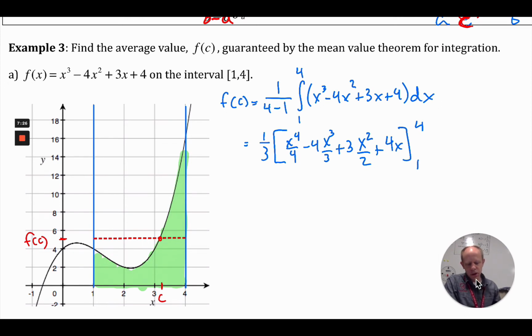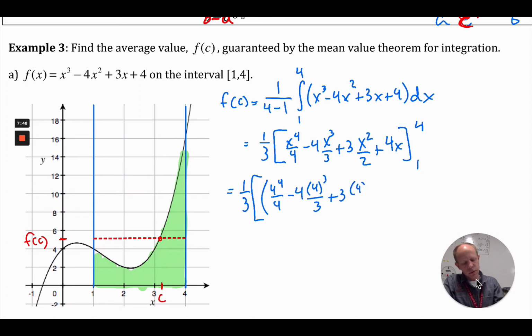All right, so now we're going to substitute in the 4, and then the 1, and then subtract the 2. So we're going to have 1/3. Okay, and then we're going to put 4 in first. So 4 to the 4th over 4 minus 4 times 4 cubed over 3 plus 3 times 4 squared over 2 plus 4 times 4.